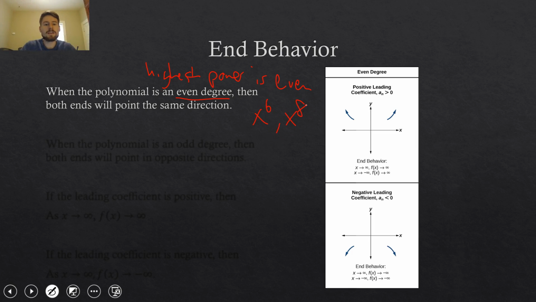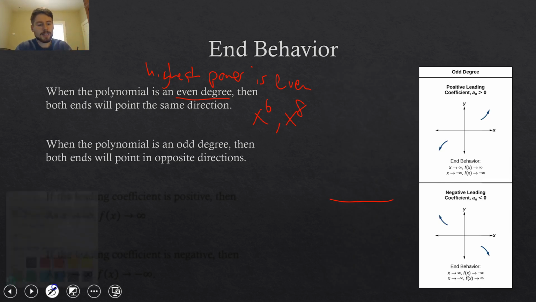What tells you which way you're headed is the leading coefficient. If the leading coefficient is negative, then you're going down in either direction, and if it's positive, then you're going up in either direction. So the key with even degree is that both ends go the same way, either both up or both down.